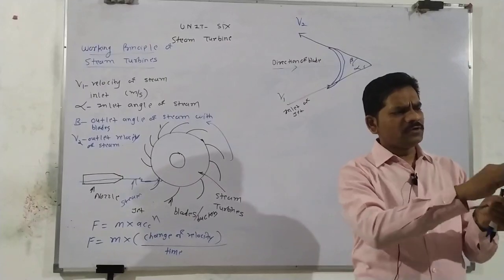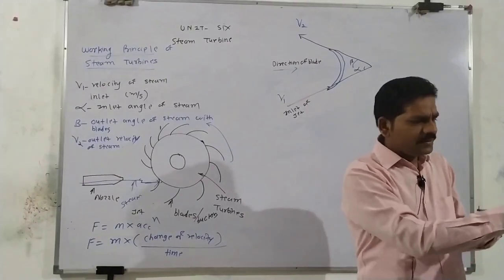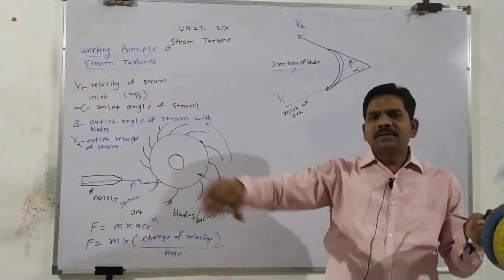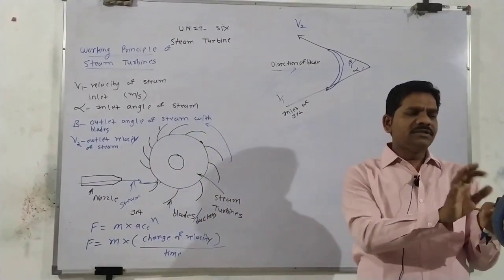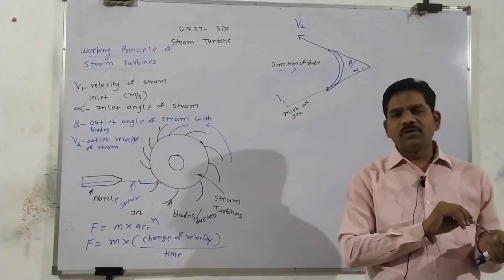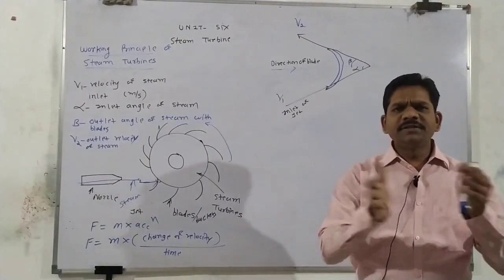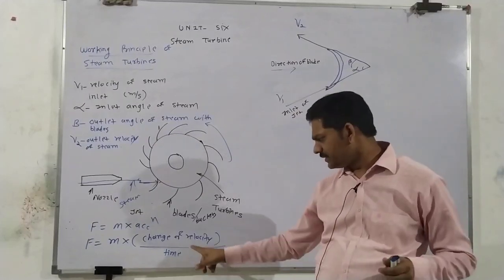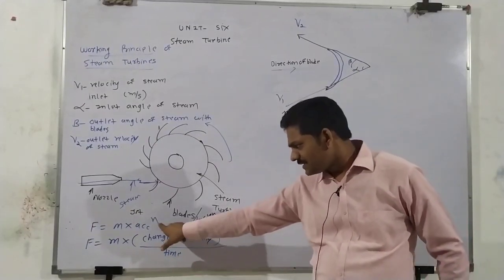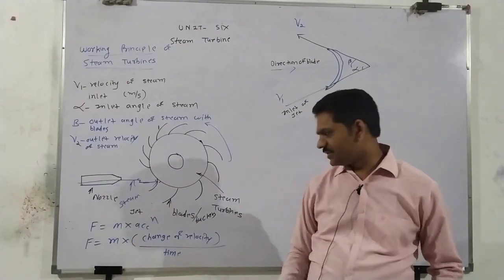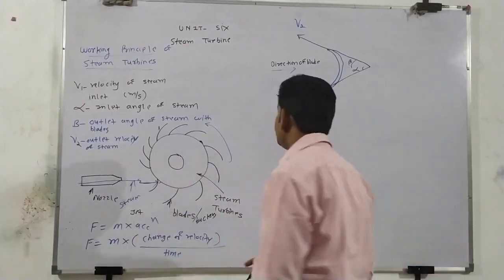There is some whirling velocity, angular velocity when the steam is at inlet. Then after the outlet of the steam, the turbine also has some angular velocity, whirling velocity. So this change of velocity gives us the acceleration, the rate of change of velocity with respect to time.